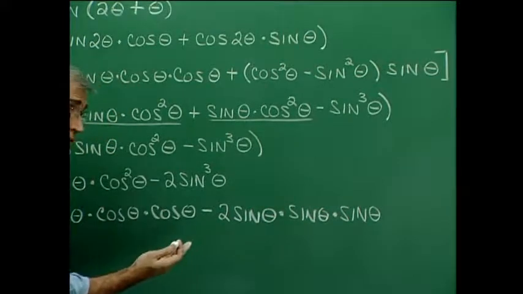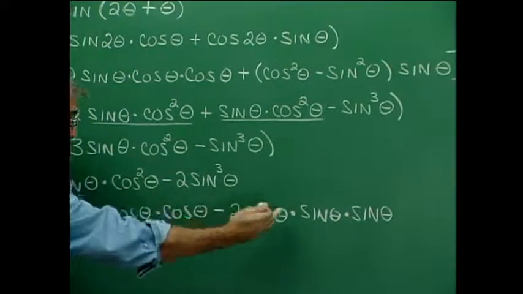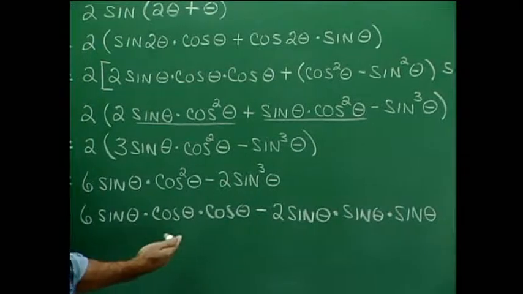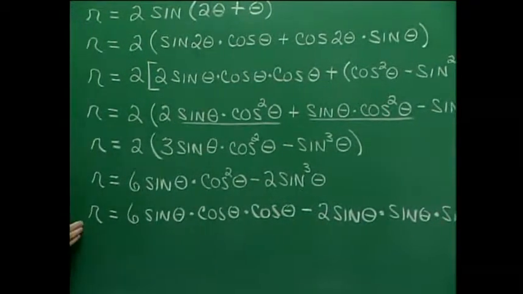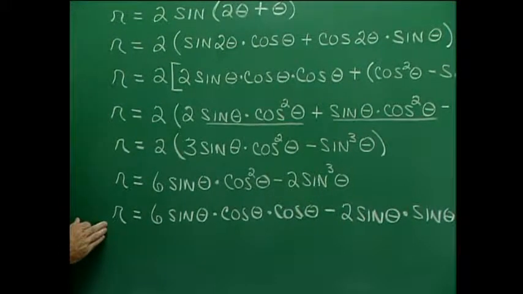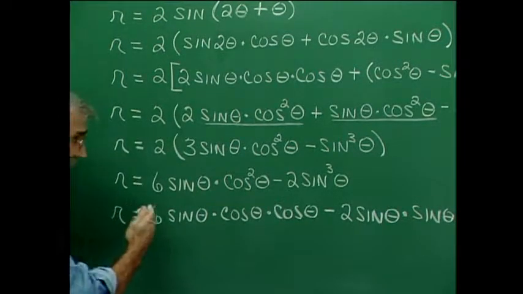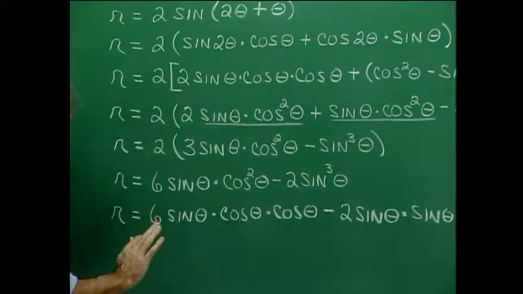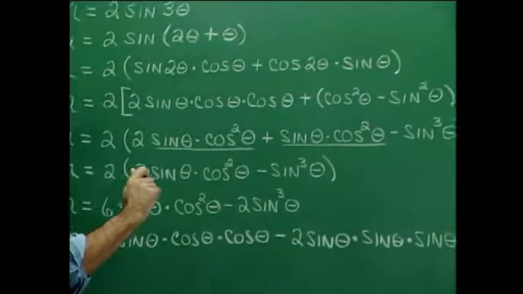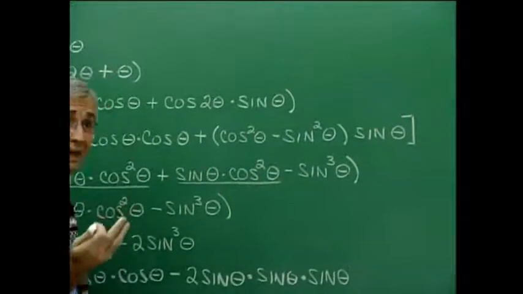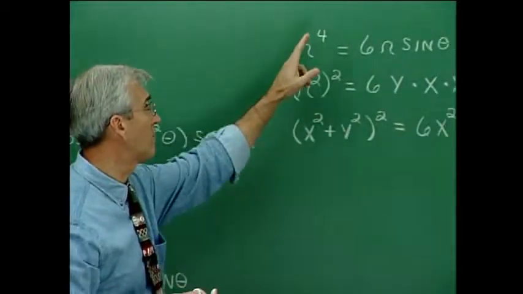Well, if I'm going to introduce r cubed in both of these terms on the right side of the equation, then I have to introduce r cubed over here as well. So I'm thinking about multiplying r cubed times r and r cubed times both of these terms. And here is what emerges. Now r cubed times the r on the left side just gives us r to the 4th power.